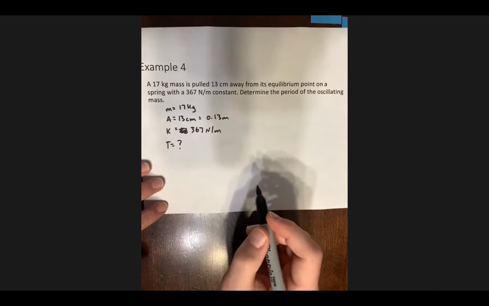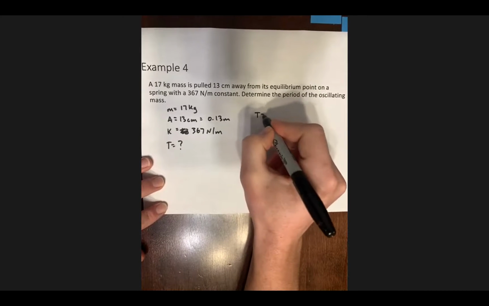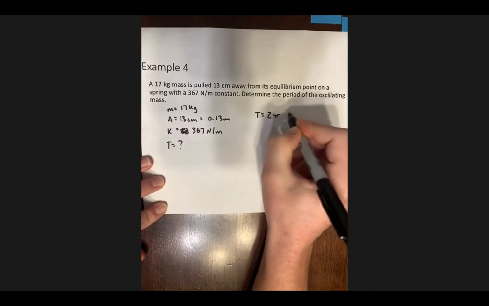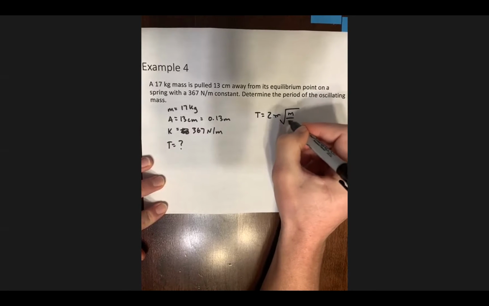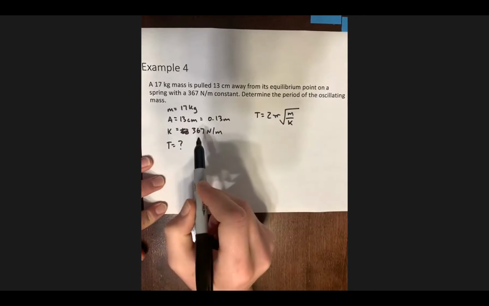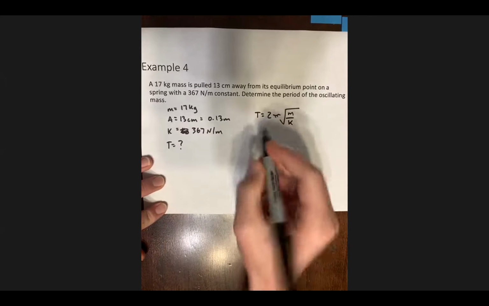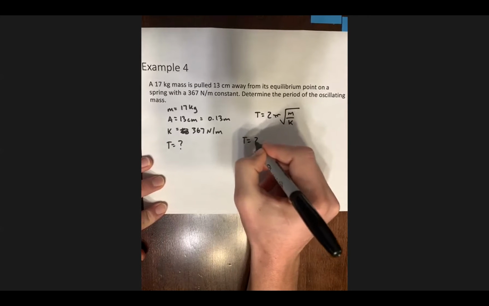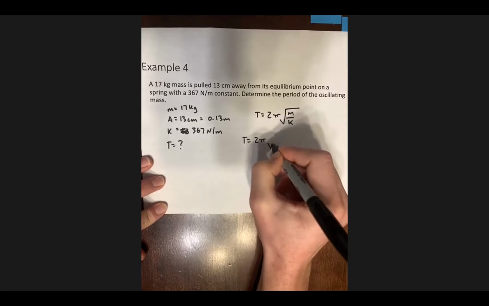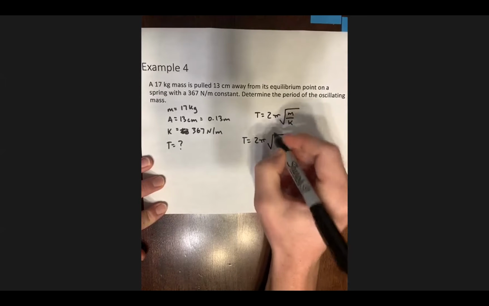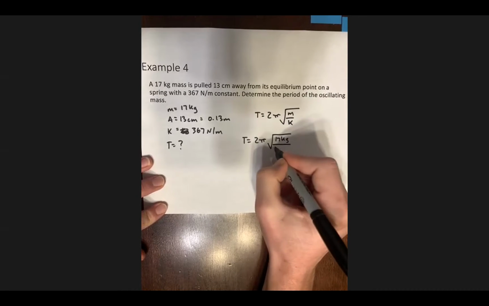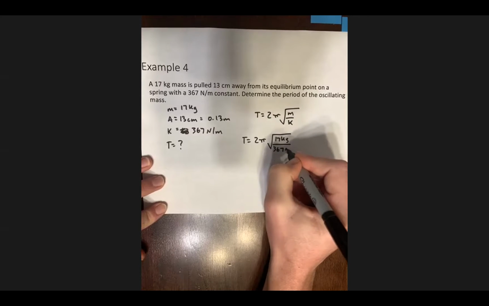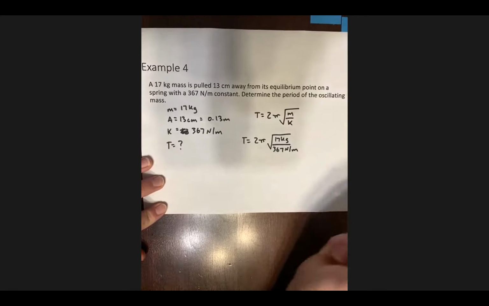Okay, so from our formula sheet, we will find that period is equal to 2 pi times the square root of m over k. We have m, we have k, and we know pi, so we can just go ahead and solve this now. So 2 pi multiplied by the square root of the mass of 17 kilograms divided by the spring constant, 367 newtons per meter.